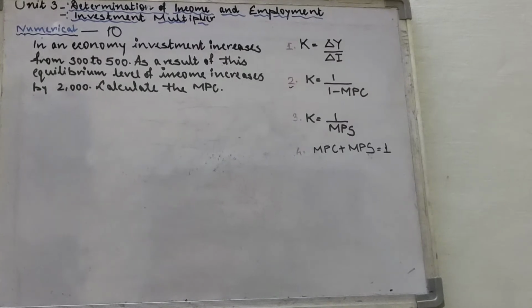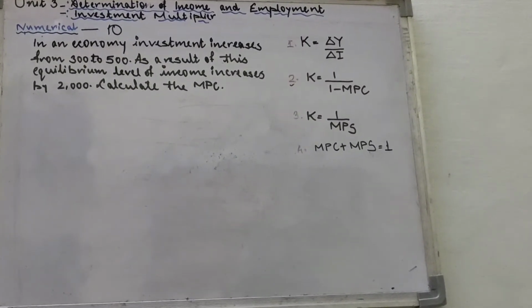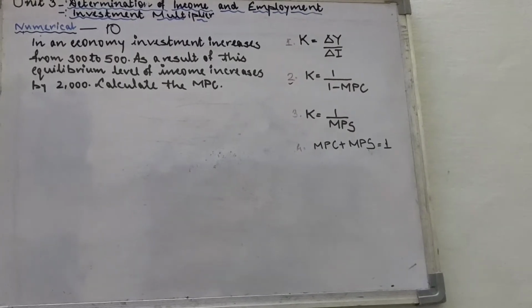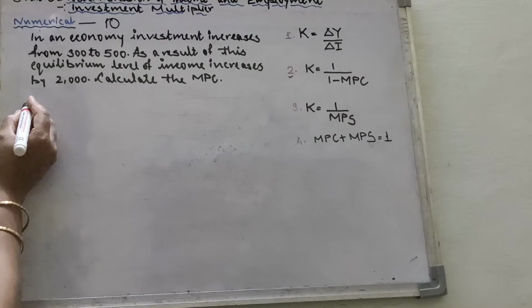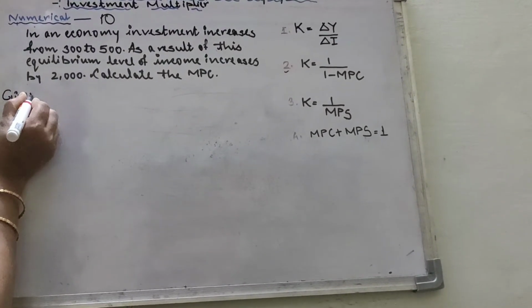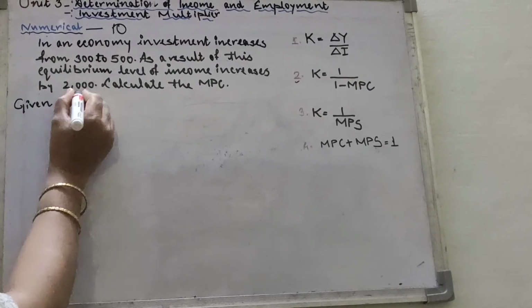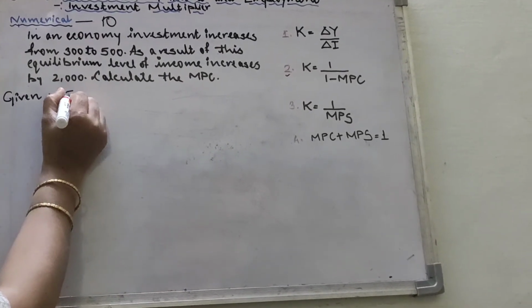Numerical number 10. What is given here? In an economy, investment increases from 300 to rupees 500. Just we will find out what is given. Given here that investment increases from 300 to 500.